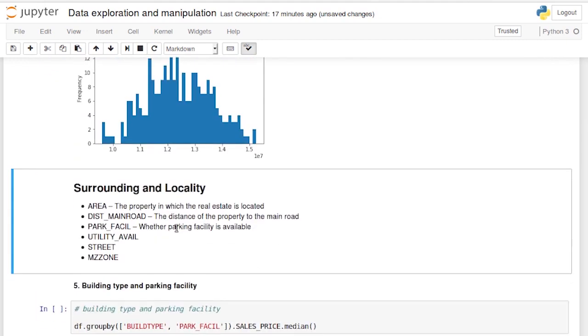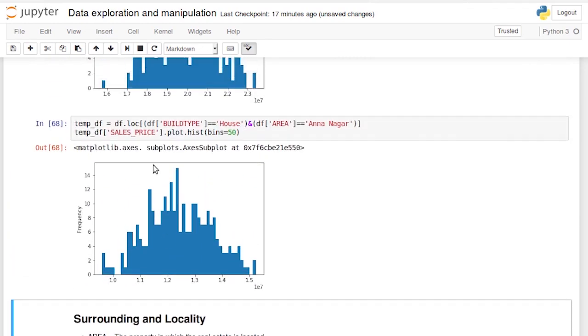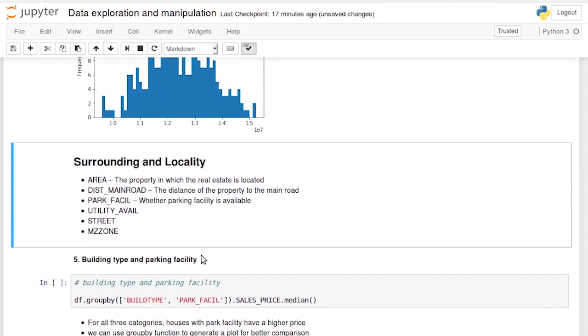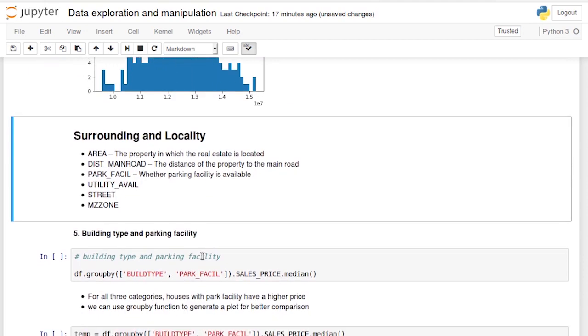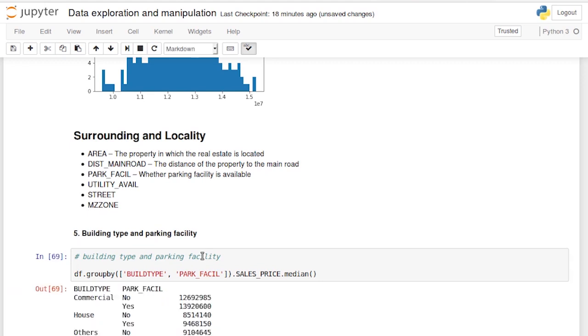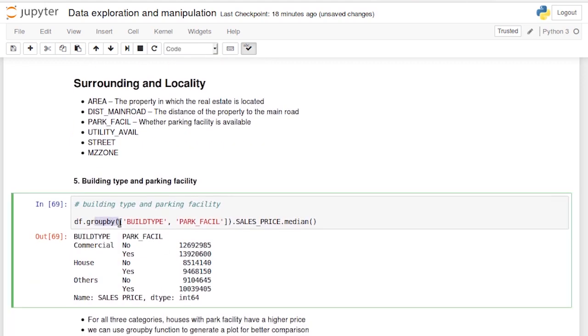Now let's go ahead and explore the surrounding and locality related features. So we saw how building type affects the sale price. Now let's say if the building types have additional facilities like the parking facility, for example. Let's see if that also affects the sale price. So let's run this cell. And here I'm again using group by, and I've specified two categories, the build type and the parking facility.